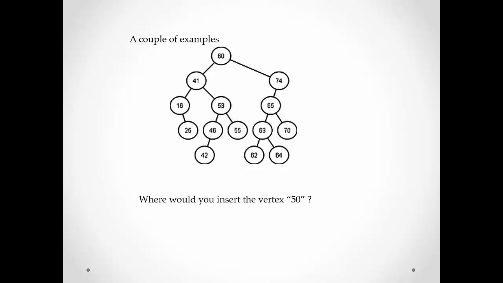We could actually move some vertices up so that we could have a binary tree without it having so many levels. And why we would want to do this is if we're ever traversing the tree looking for a particular vertex, the fewer levels, then on average, the fewer number of vertices we would have to visit. So let's see if we can redo this tree where we don't have so many levels.